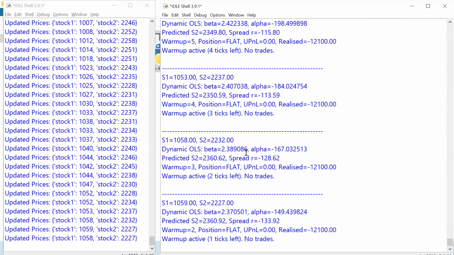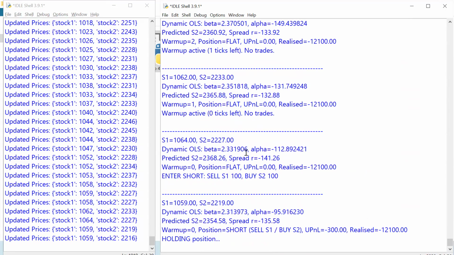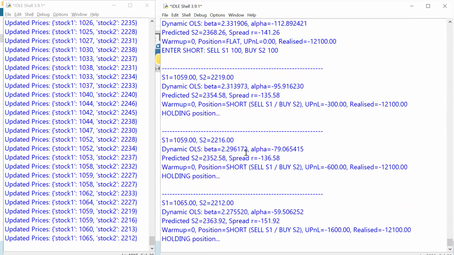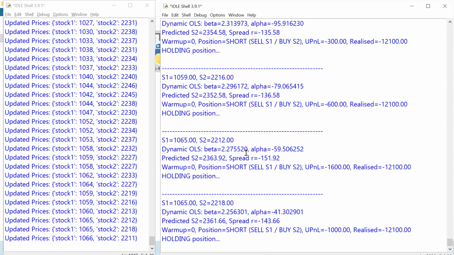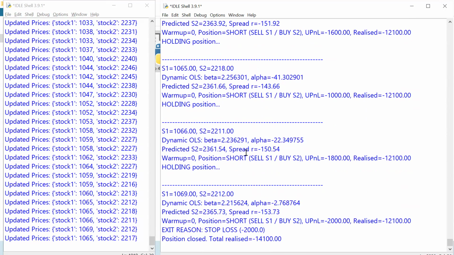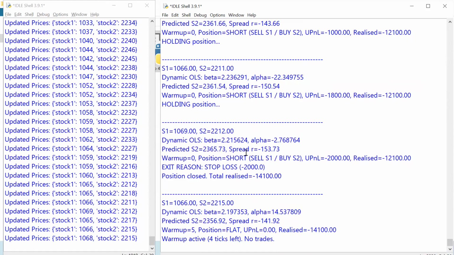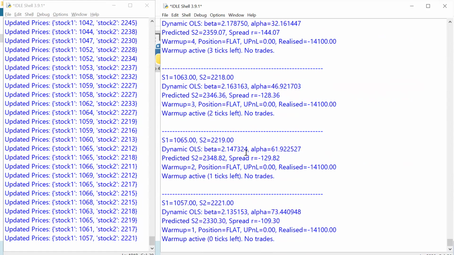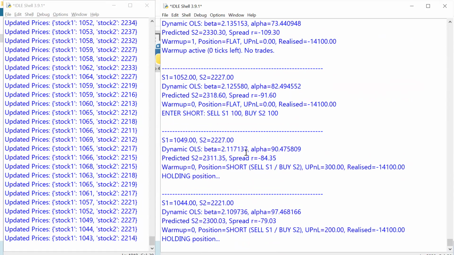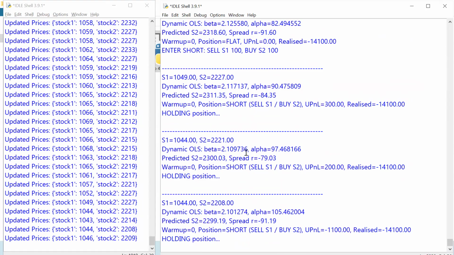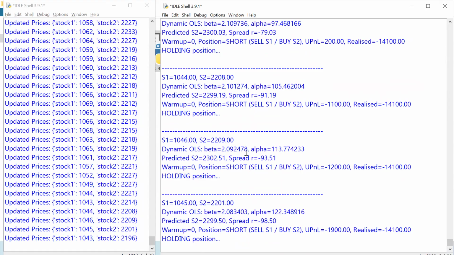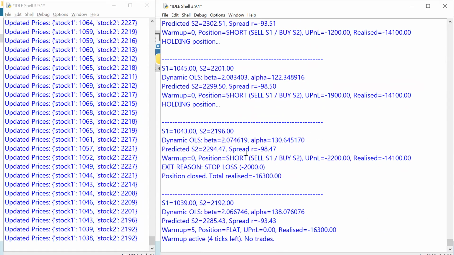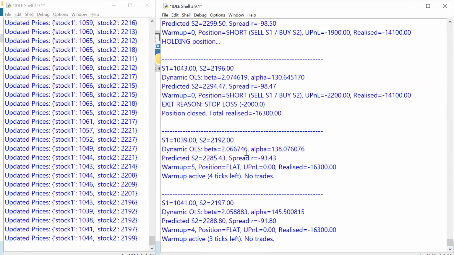We book one more loss. It's going against us. S1 is trending now. We are in sell mode. Okay, now it's a good amount of loss we have already. The logic is right, but the market is very choppy. It's going against us again.